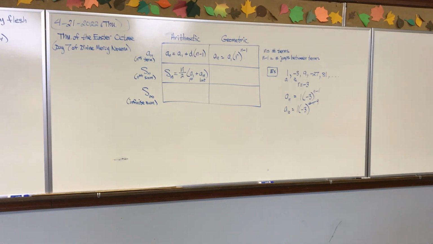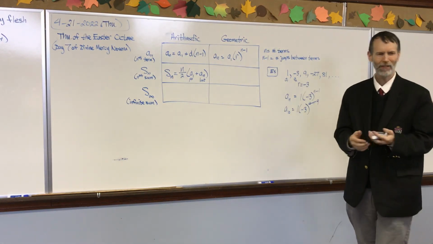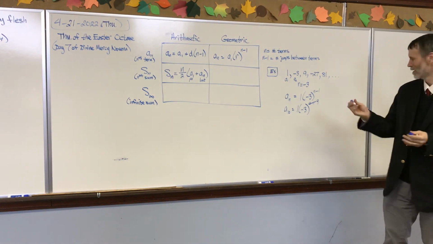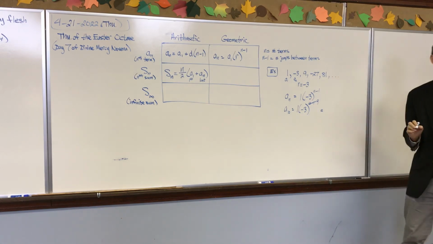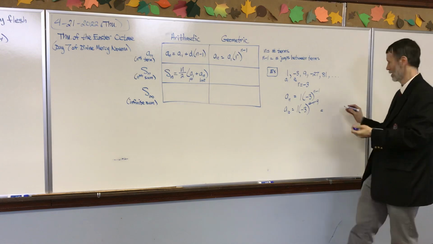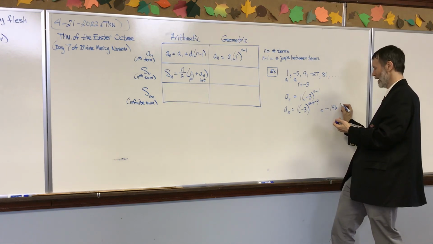I'm curious what you get as an answer. It's kind of big. What do you get? Yeah, Jack. Is it negative 19,683? It is. Negative 19,683.